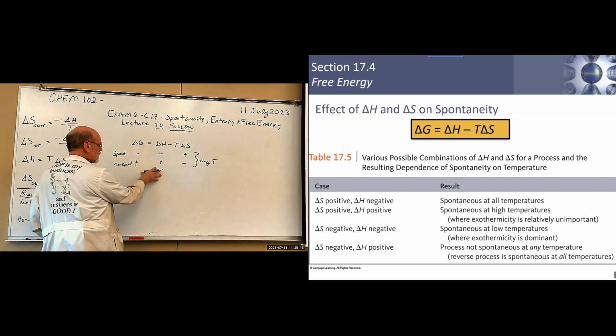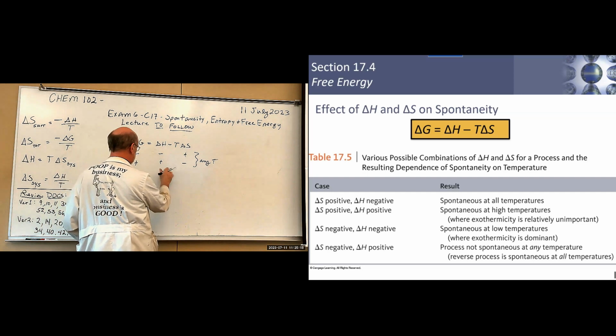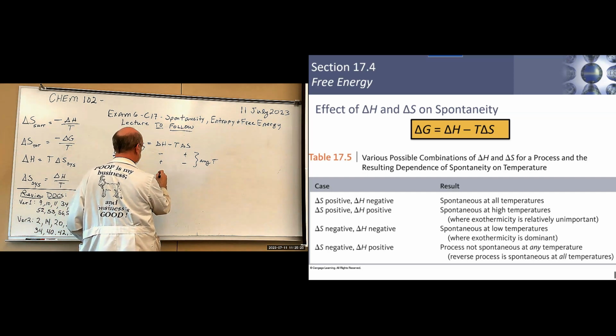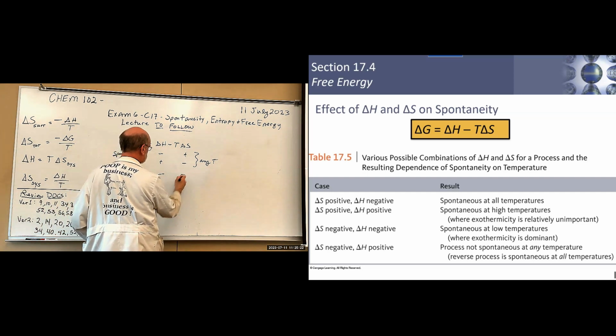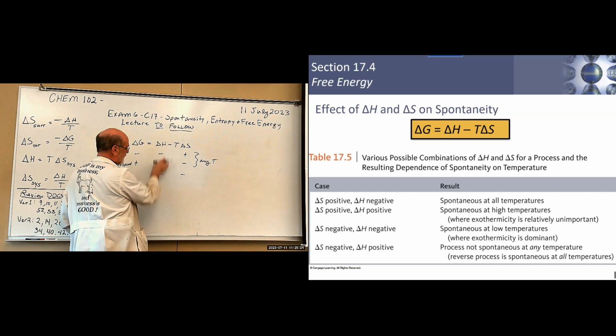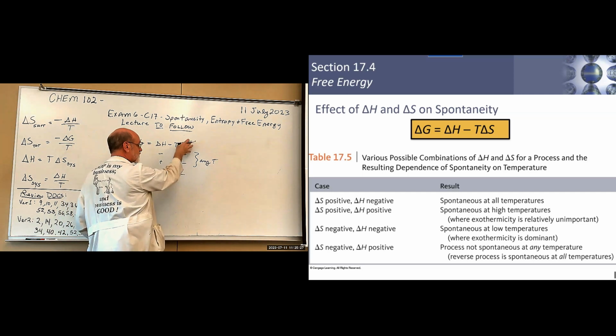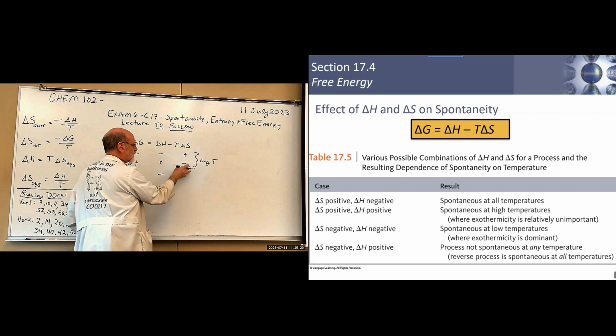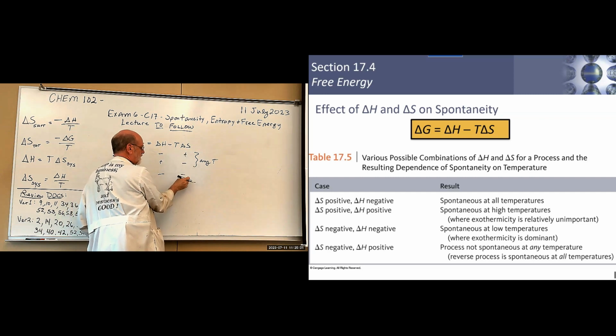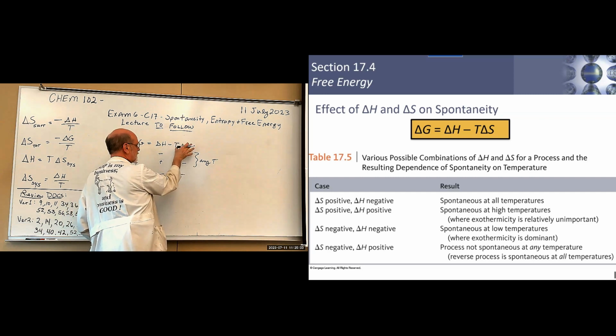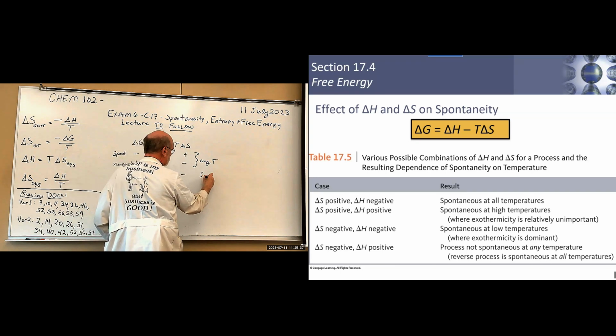When we go to a mix of, say, two negatives, that would make this one negative, which is good, but it makes this one positive. So we need to minimize this one. If we want this one to be small, we need low temperature.